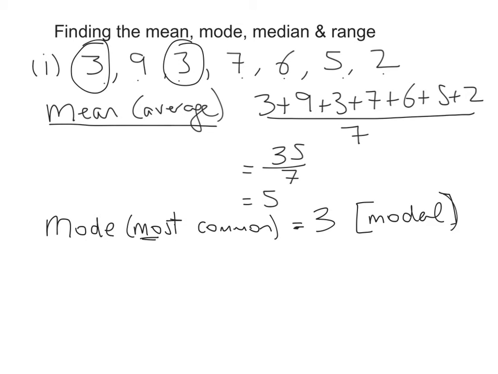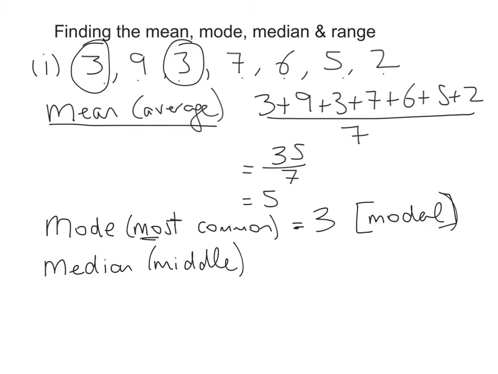Okay, moving on then, we have to have a quick look at how to find the median. The median stands for the middle number. One really common mistake in this question is forgetting to put the numbers in order. In order for it to be the middle number, it needs to start from the smallest and go up to the largest. That's the first thing I'm going to do.